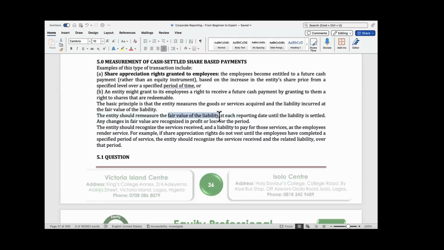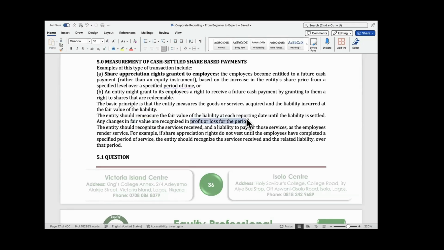For cash settled, we are going to be using the fair value of the option at the end of each reporting date. So you now find yourself in a situation whereby there will be changes in fair value. Of course, fair value will always change, and these changes will be recognized to P&L. I will show you very soon.